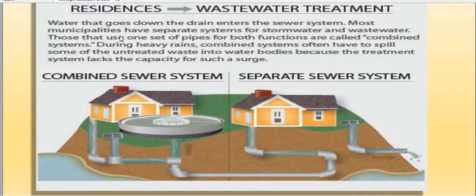Most municipalities have a separate system for storm water and wastewater, but those that use only one set of pipe for both functions are called combined systems. During heavy rains, combined systems often spill some of the untreated waste into the water bodies because the treatment system lacks the capacity.